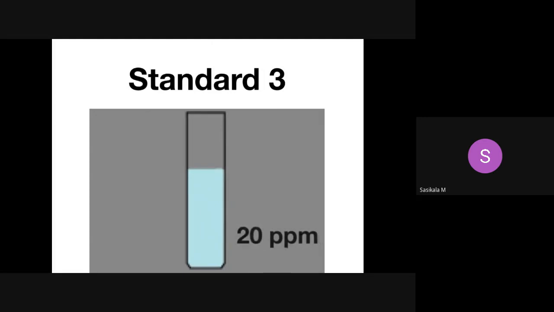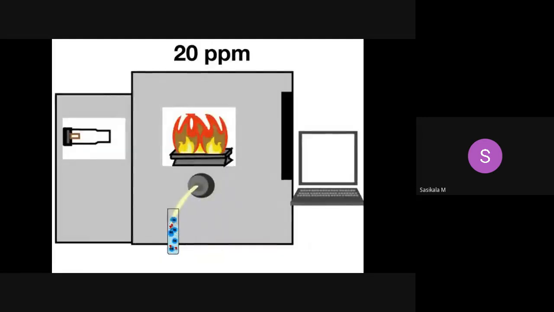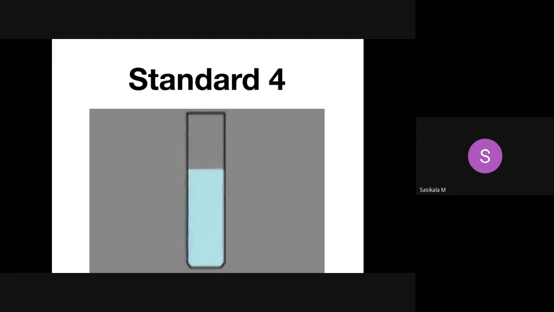Then for the third sample, it contains 20 parts per million, that is, increased concentration. The first sample we have taken was 0 parts per million, the second was 10 and the third was 20 parts per million. Now the absorbance should have increased. That is 0.3990. So from 0.17 it has increased to 0.399.